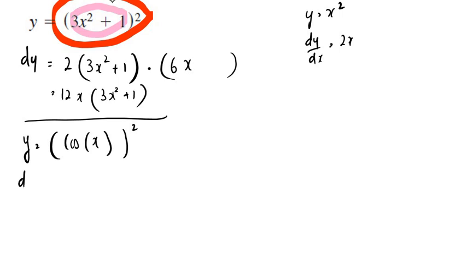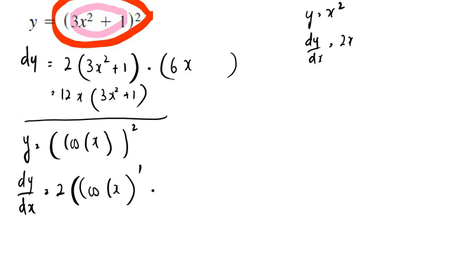So if this is equal to cos squared x, let's use that. So dy over dx would be, we differentiate the mother function.